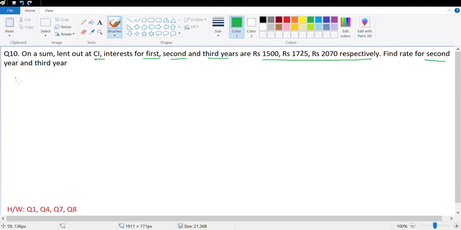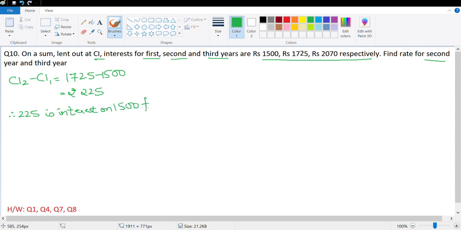So compound interest 2 minus compound interest 1 is equal to 1725 minus 1500, which is equal to rupees 225. Therefore 225 is interest on the first year's compound interest, which is 1500 for 1 year, which means 225 is equal to principal, which is 1500, into rate.